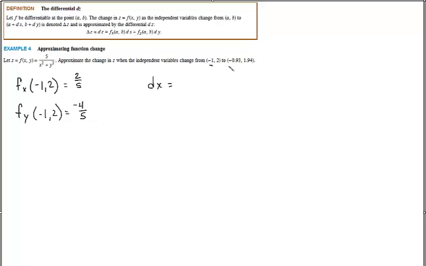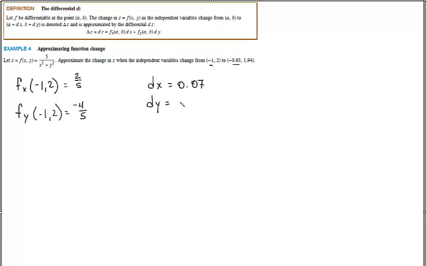Now I go from -1 to -0.93, and that is an increase of 0.07, so that's positive. dy goes from 2 to 1.94.